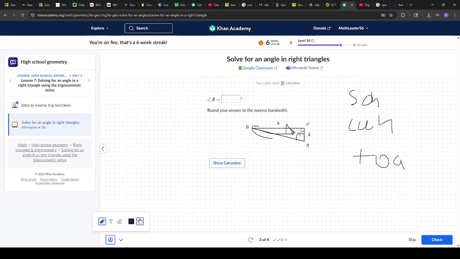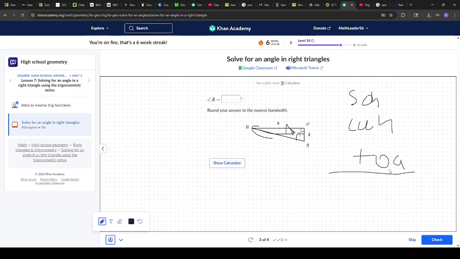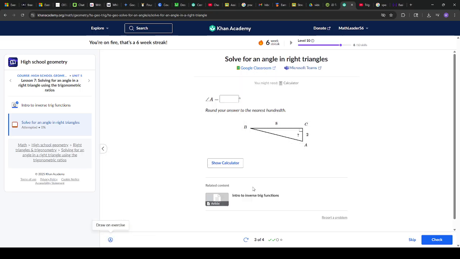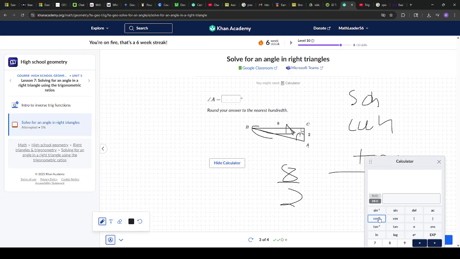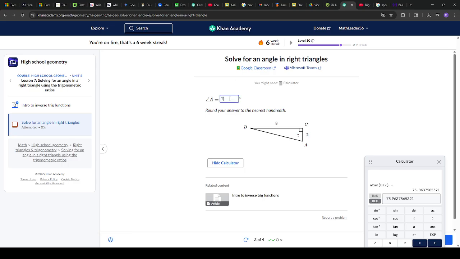Oh no, my bad. Opposite and adjacent, we have tangent. So it's opposite to 8 and adjacent to 2. So then we have tangent -1 of 8 over 2, and then we round this, 75 point 96.